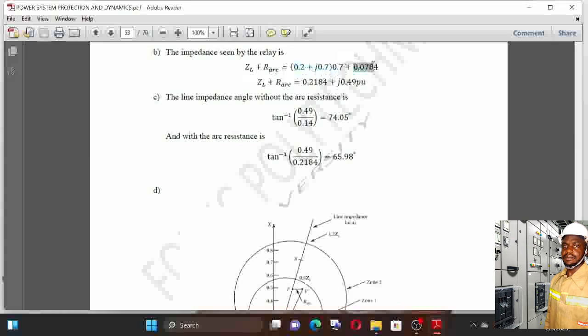Now plus the arc resistance which we have calculated, we add the two.